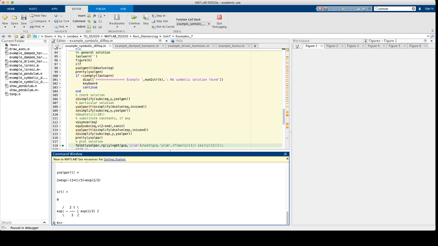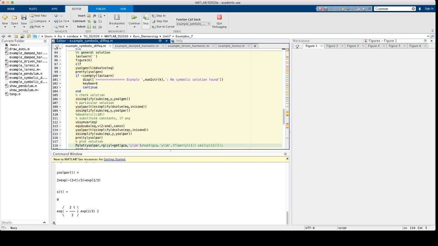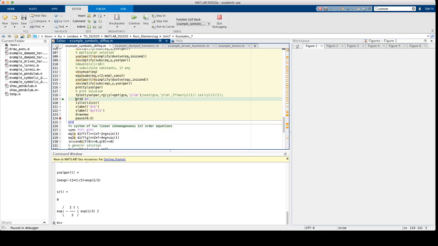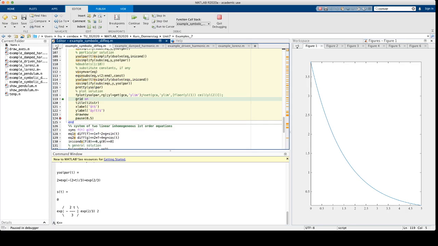Now we are ready to display this solution in the figure, and you can see it on the right hand side in the window of figure 1, a decaying exponential function. We can check whether the initial condition is fulfilled. Yes, the value at t equals 1 equals 2.